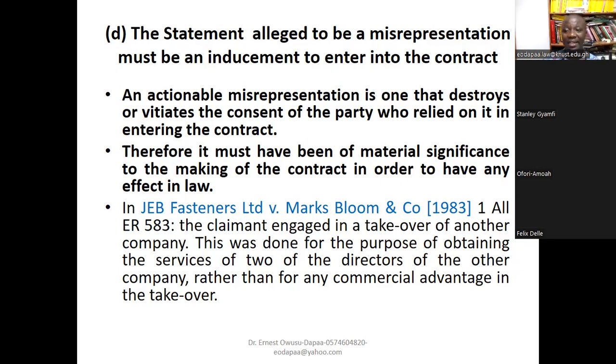There are a lot of cases in the literature. For example, Jeb Fasteners Limited against Marks Bloom. The claimant engaged in a takeover of another company. And this was done for the purpose of obtaining the services of two of the directors of the other company, rather than for any commercial advantage in the takeover. Those of you who follow the news, you know the takeover or the sale relating to the company called Twitter, if you follow the international news on business.